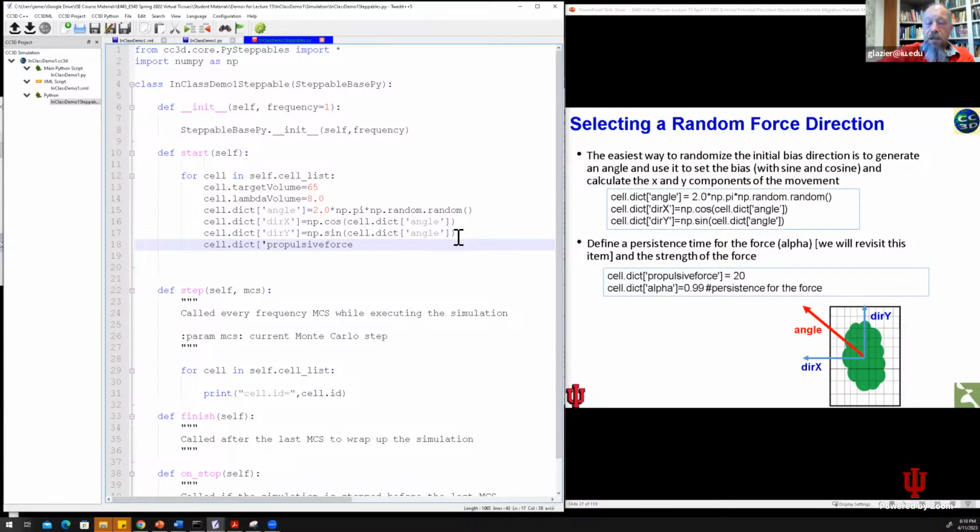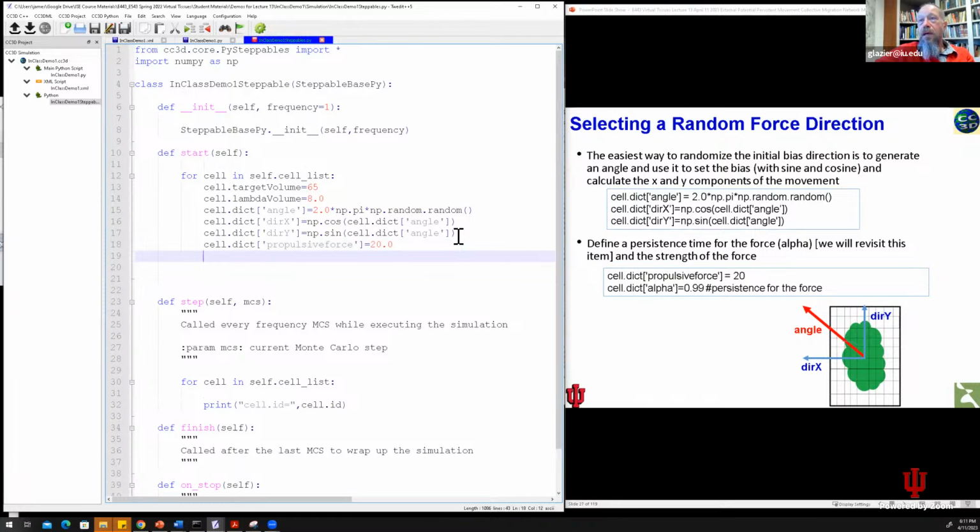And that is going to be the force amplitude, and there's no particular reason that it should be 20, but I happen to know 20 works okay. 40 might work better. 20 is reasonable to start with. And I'm going to define this persistence time, which I'm not going to use right away. I should probably put that in a little bit later, but we'll call this alpha. And I'll just set that equal to 0.99.